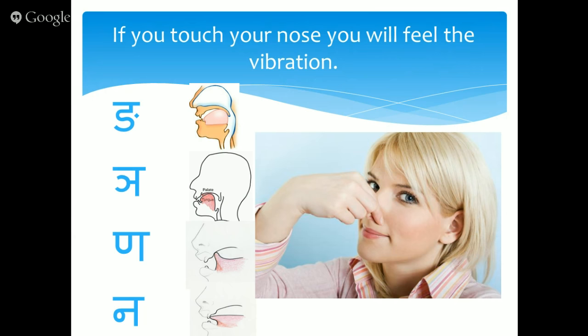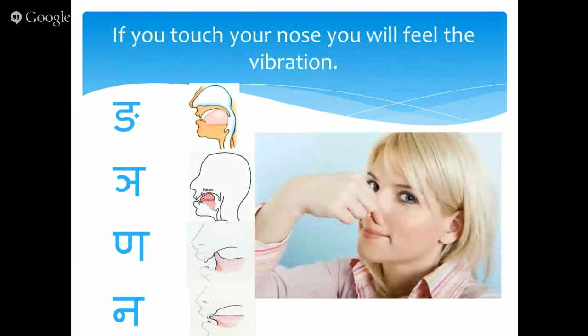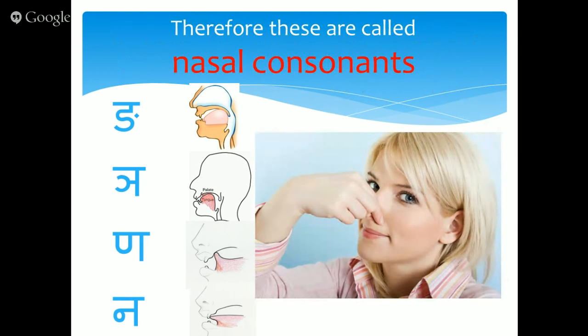So really, what is an N sound? It's a combination of your tongue touching somewhere in your mouth and air flowing through your nose to create a vibration. That is what an N sound is. And so they're called technically nasal consonants because your nose vibrates. For regular consonants, your nose does not vibrate. These are nasal consonants because your nose vibrates. And so we end up with four different Ns in Hindi.